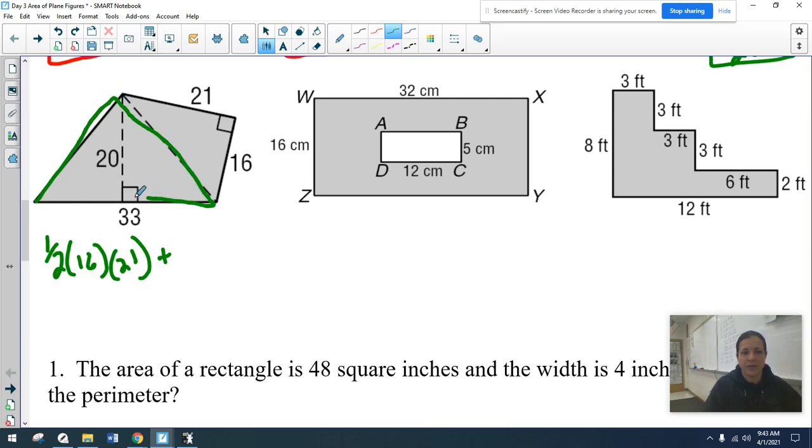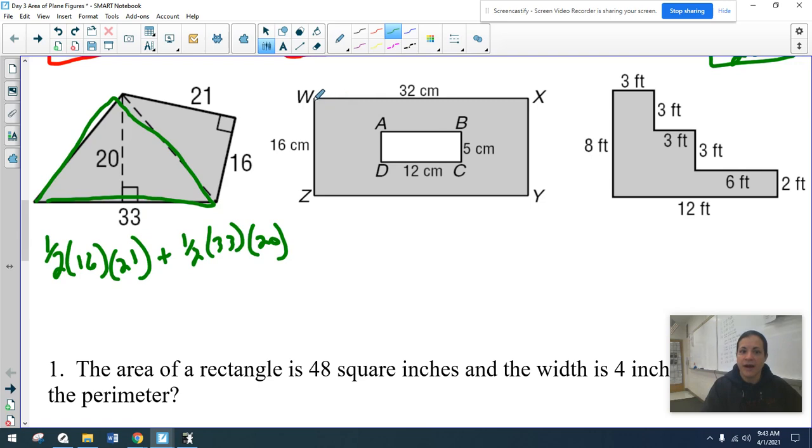I didn't want to break it up into 3 triangles because an altitude doesn't necessarily break the 3rd side in half unless the 2 sides are equal. If these 2 sides are equal, which I don't know if they are, then you could say it's half, but it's not in this case. So I'm going to use the green triangle, which is going to be 1/2 base height. So I would just do that and add them up.